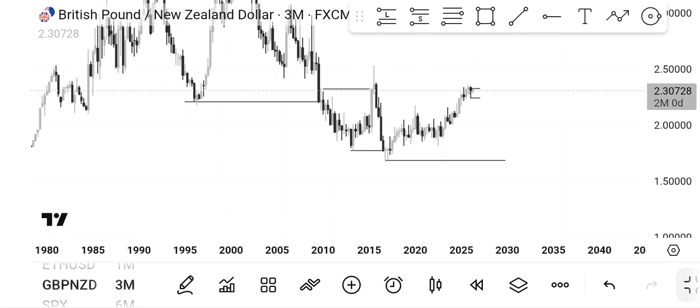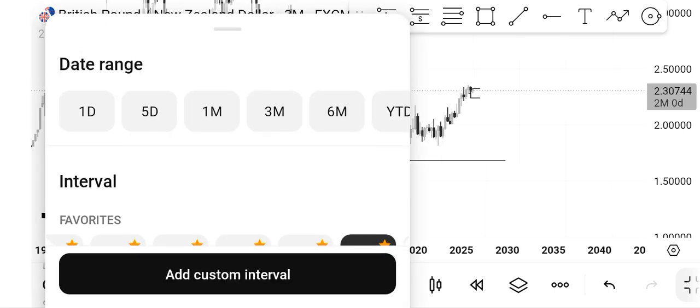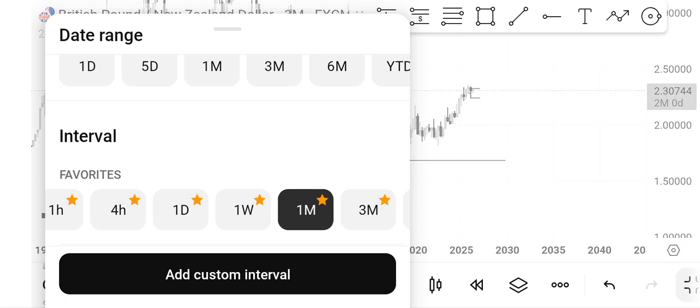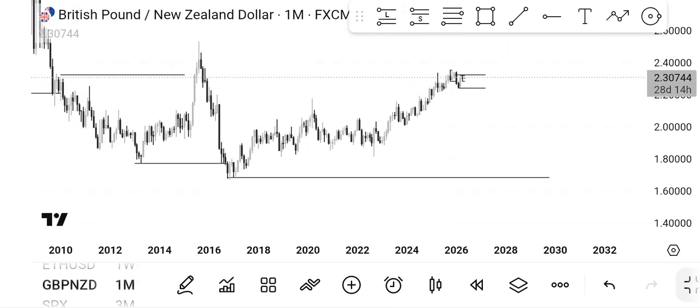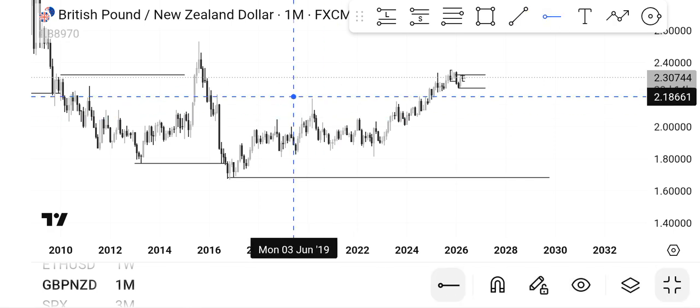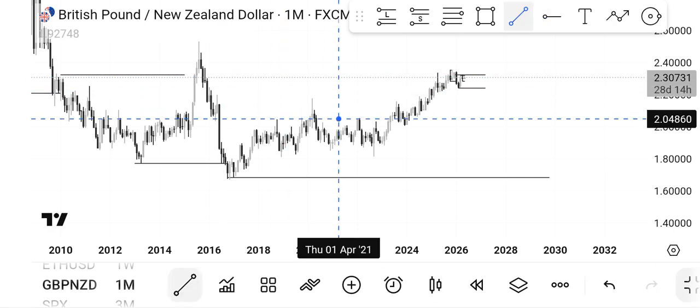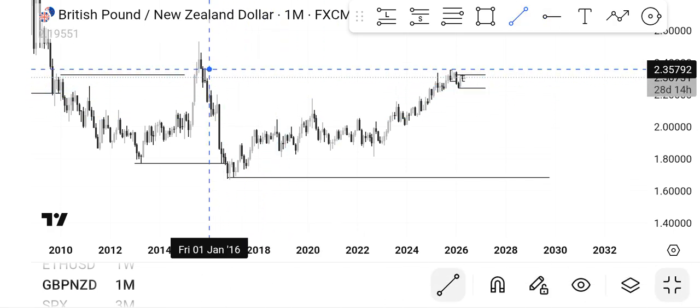Now let's go down to the monthly time frame, the 1 month time frame, I mean, to see what has been happening. Now on the 1 month time frame, you can see this is our 3 months time frame POI right about here.